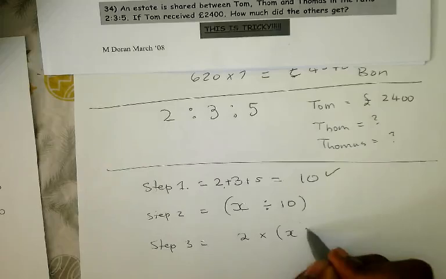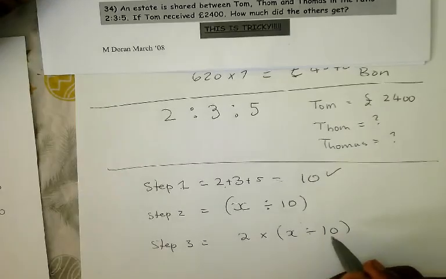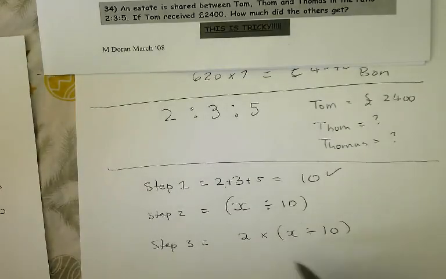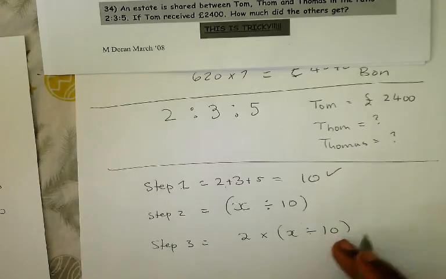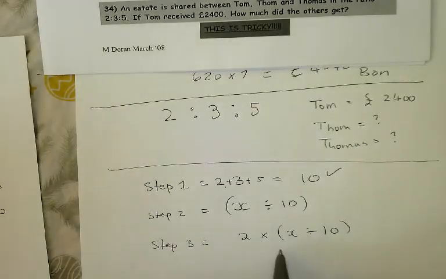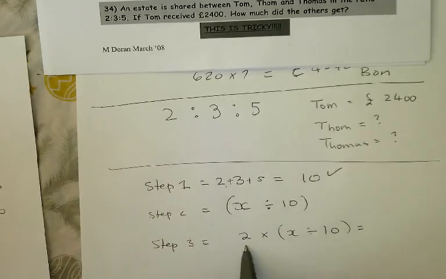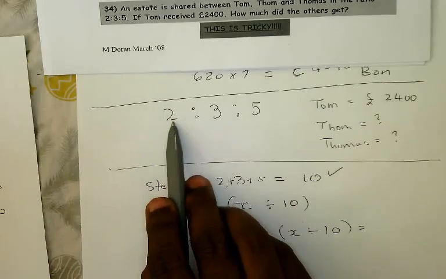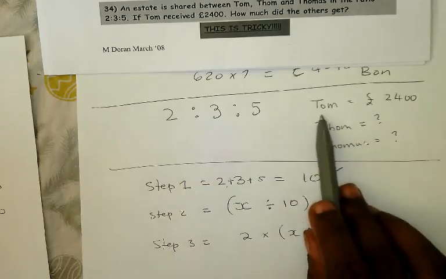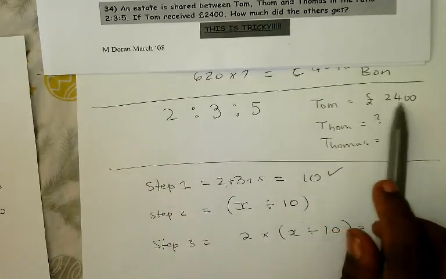Whatever we get here for the first ratio will be the share for Tom. But they already told us how much he's getting, so whatever we multiply here has to work out to that.